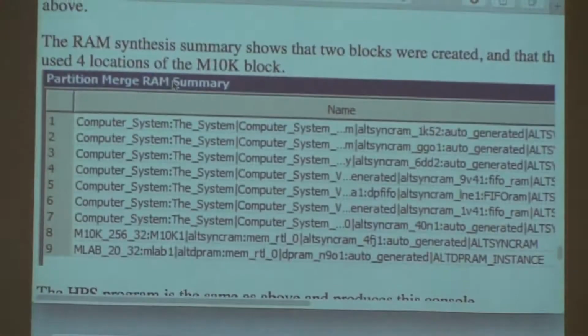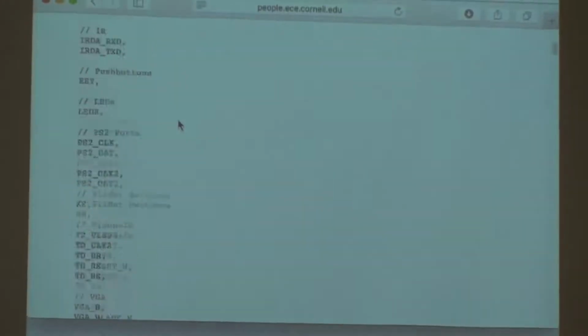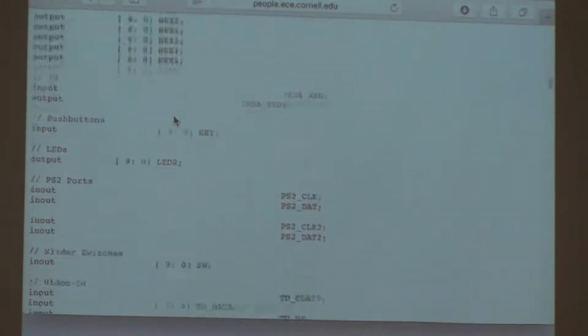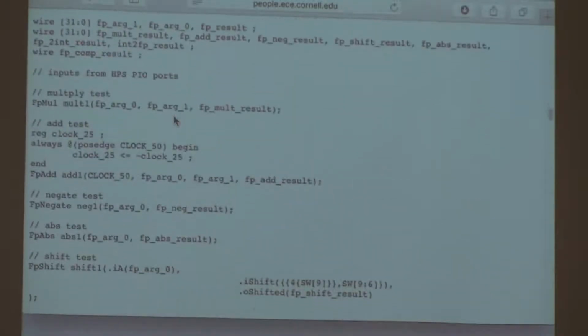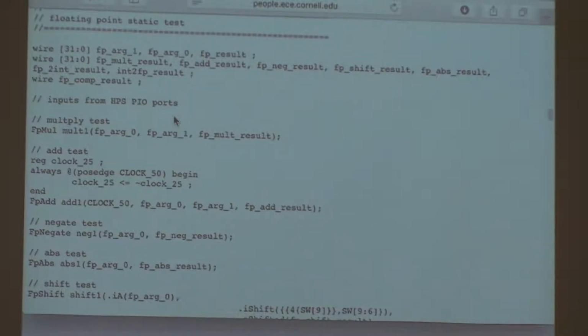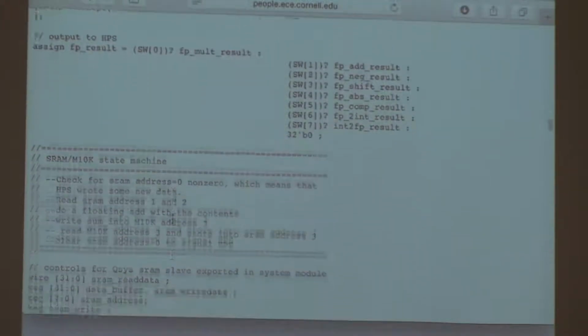So the code is the usual straightforward but tedious code, which you never know for sure that you understand until you actually do it, which is why I did it. This first piece is testing the floating point modules, and you probably don't need to know that now.